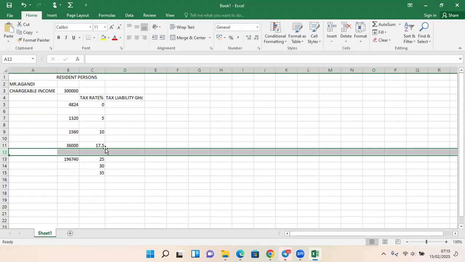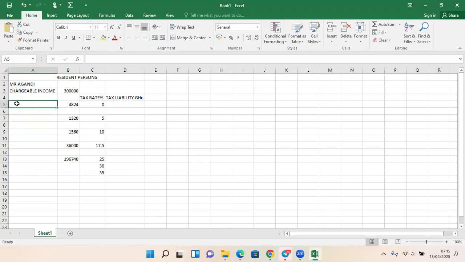All right. So just look at the graduated tax schedule. Here is the first one, the next one, and the likes. So here is going to be 0, because when we multiply the first 4,824 by 0%, we get 0. Now the balance is the amount that is left after this subtraction.